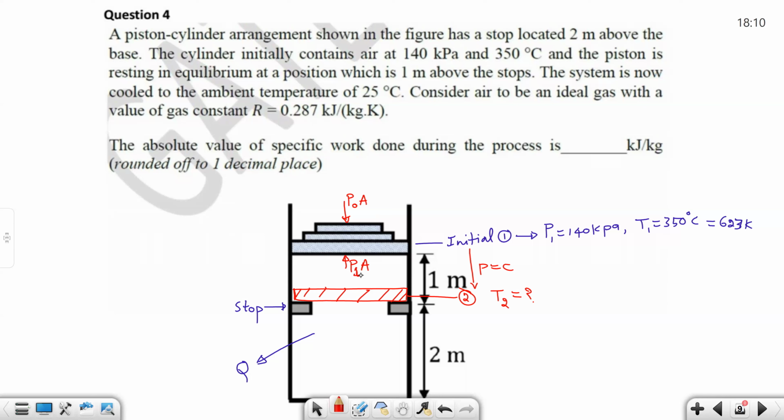There is no friction, nothing is mentioned about friction. Maybe the mass of the piston can be there.